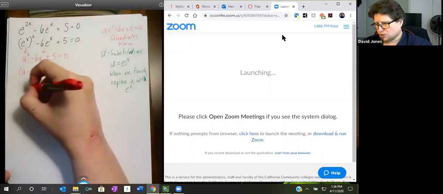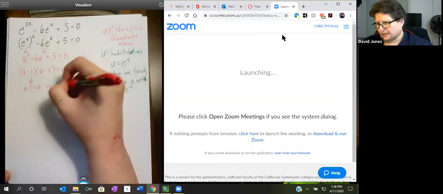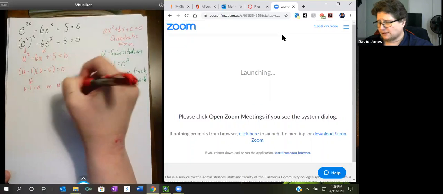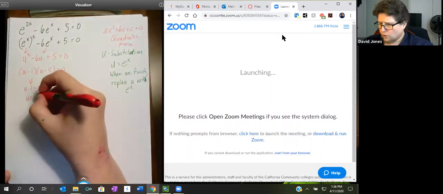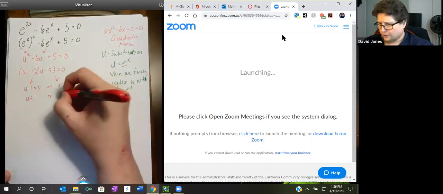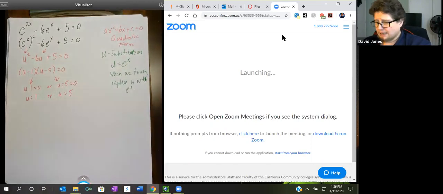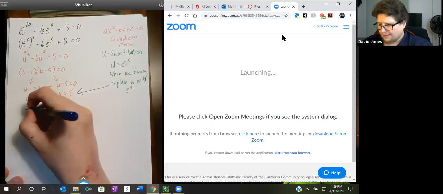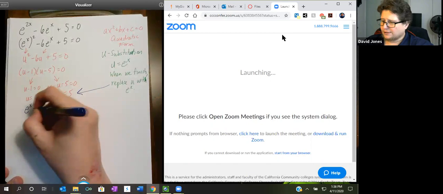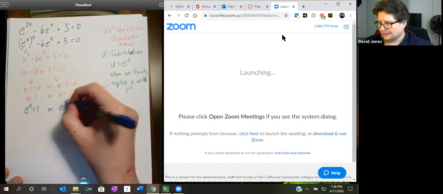So I get u minus 1 equals 0, or u minus 5 equals 0. u equals 1, or u equals 5. And now we replace. We have e to the x equals 1, or e to the x equals 5.